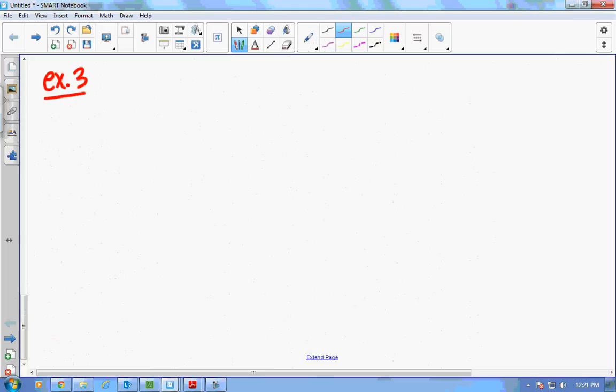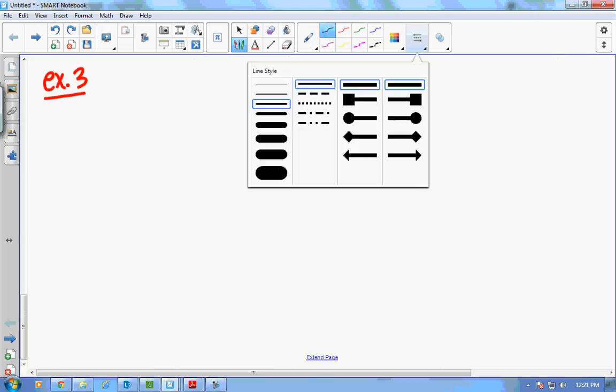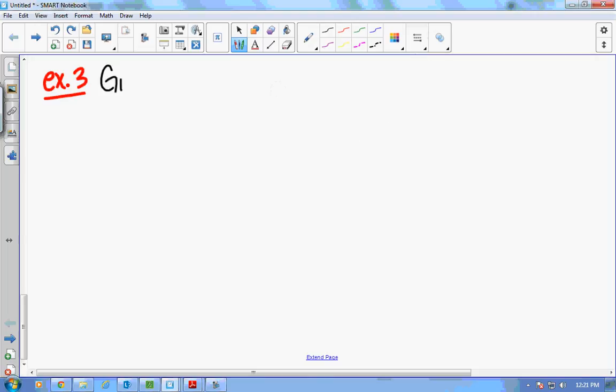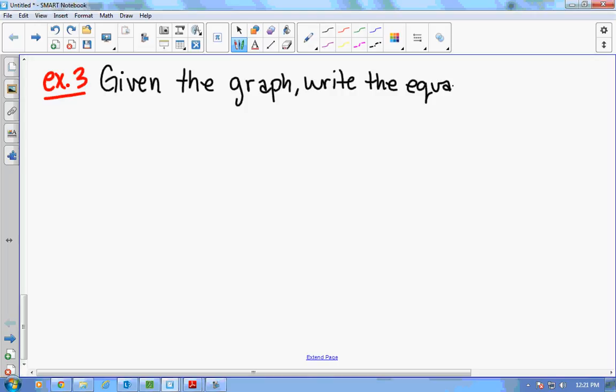Example 3, given the graph, write the equation of the circle. Given the graph, write the equation of the circle. I'd like you to copy down the graph.